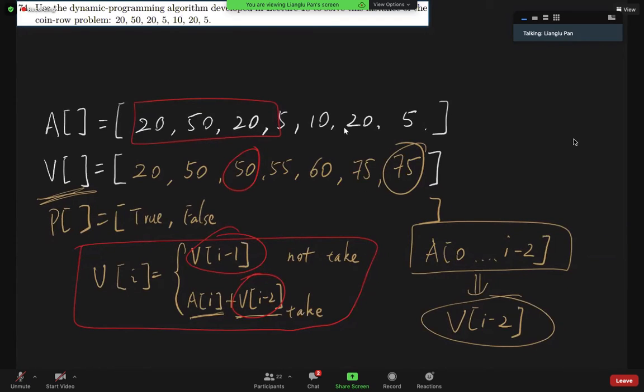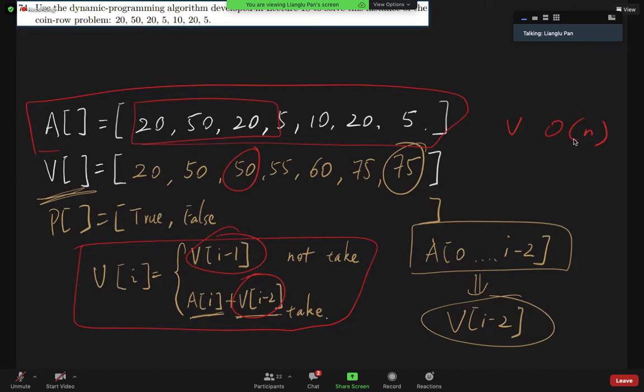Now, if we consider the time complexity of this approach, we had the array A as the input, and we had an array V initialized, which takes linear time. Then for each cell in this array V, we only need to consider 2 different scenarios. The first scenario, when we are not taking that coin, we're simply taking an element from the same array.